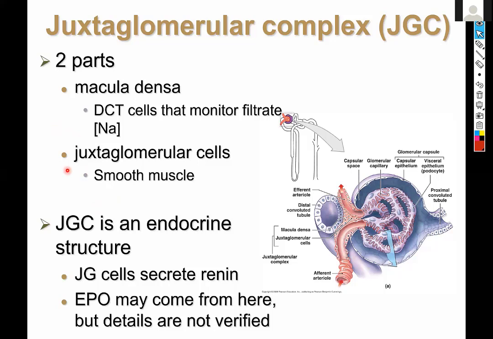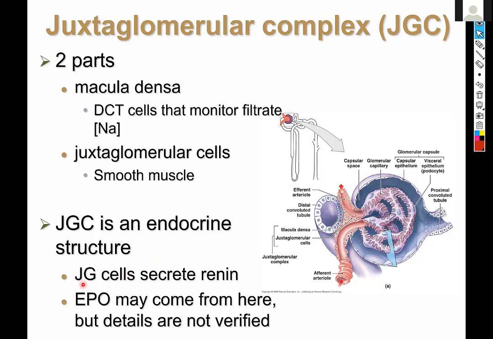So the juxtaglomerular cells are next to the macula densa. So basically the macula densa is constantly sort of telling the JG cells how much sodium they're encountering. And then the juxtaglomerular cells, these are actually modified smooth muscle cells. So they'll kind of tighten up or loosen around the afferent arteriole according to the signals they're receiving from the macula densa. It's also an endocrine structure.